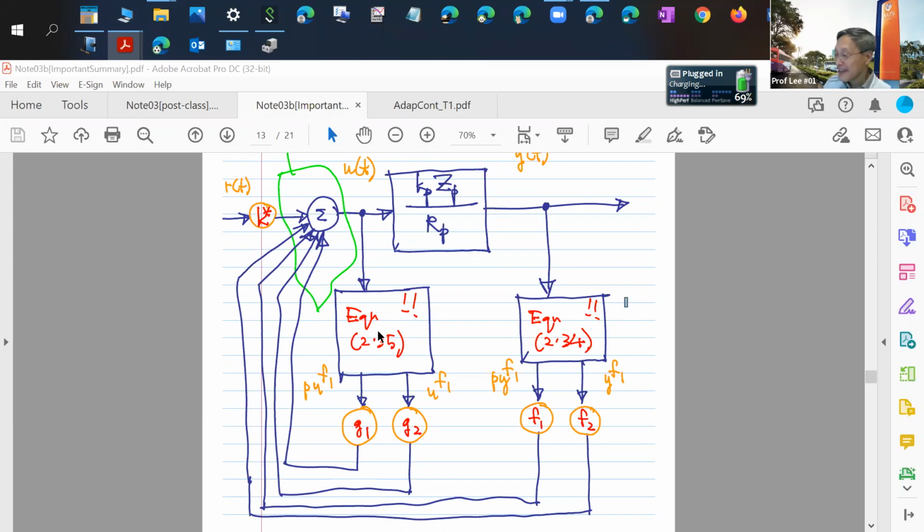That's the first thing. So these 2N signals are state variables of the system to begin with.